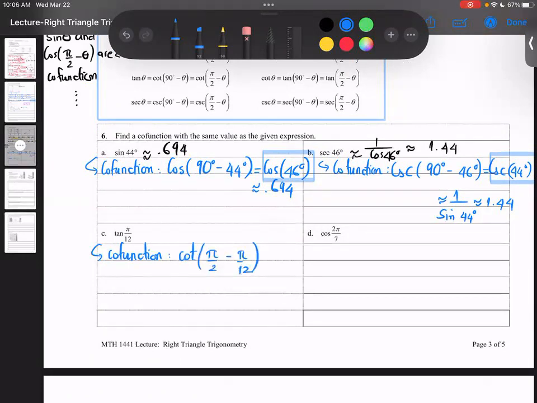You're going to simplify this. Pi over 2 is the same thing as, if I multiply both top and bottom by 6, make sure you do both, meaning you don't change anything. 6 divided by 6 is 1. I see people do this without multiplying the top by 6. 6 minus 1 is 5, so 5 pi over 12.